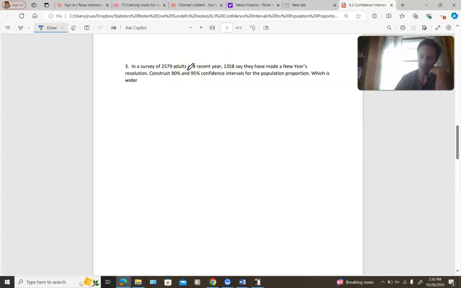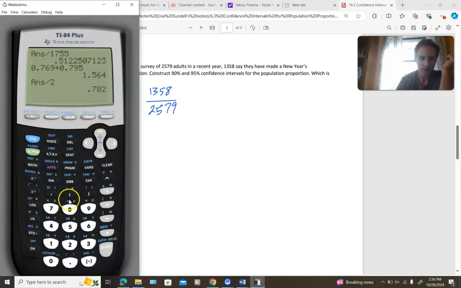All right, so to do that, the first thing we want to do is find p hat. Well, that's going to be the number from our sample that made resolutions divided by the size of our sample.